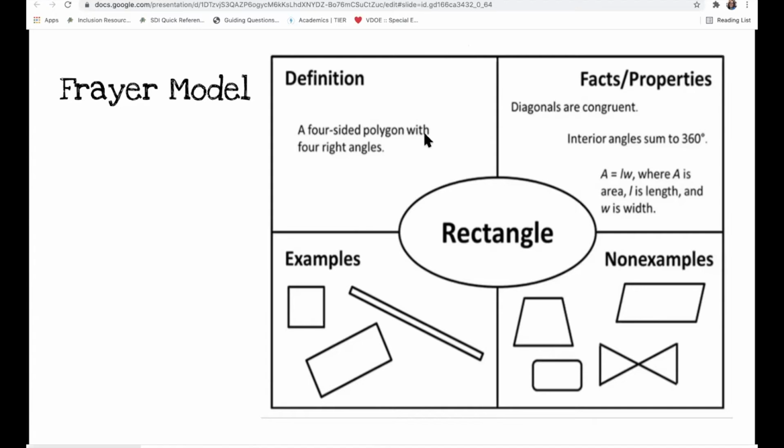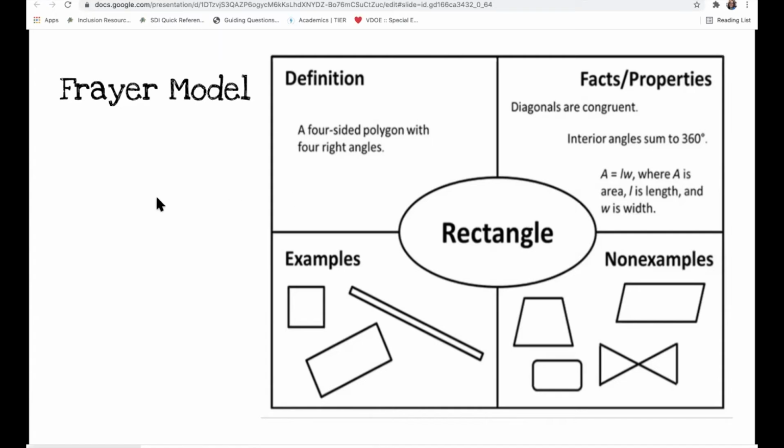Now they're going to match the term with a definition, with the facts, with examples and non-examples. Or it can be, you just want them to find the term and show me examples and maybe the facts or properties of it. And then it can be just as simple as I take the term and I provide a definition. Multiple ways that they can do that.